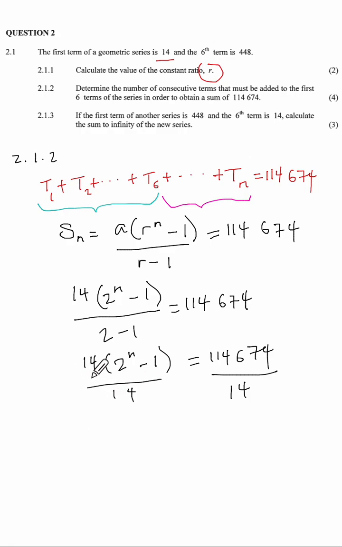If I divide both sides by 14, the 14s cancel out, and I have 2 to the power of n minus 1 equal to 114,674 divided by 14. Let's punch our calculators. It gives me 8191.